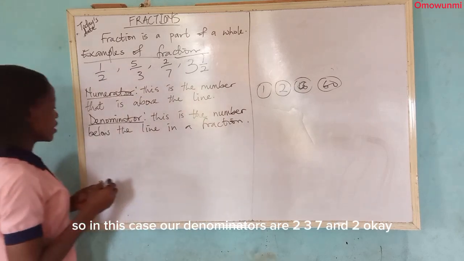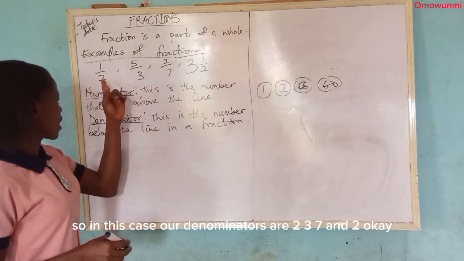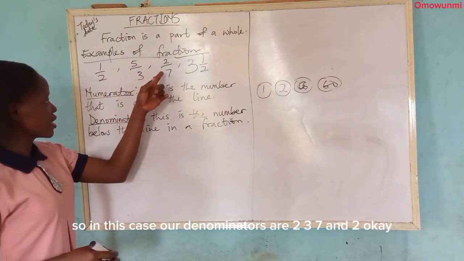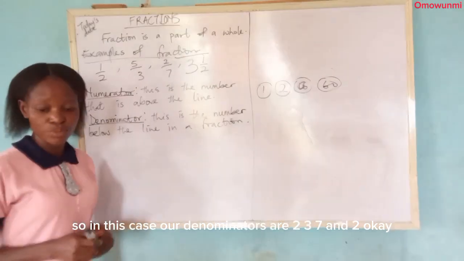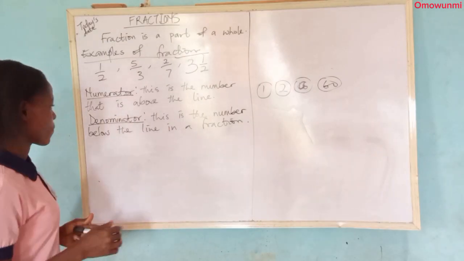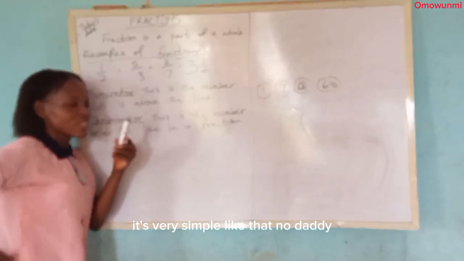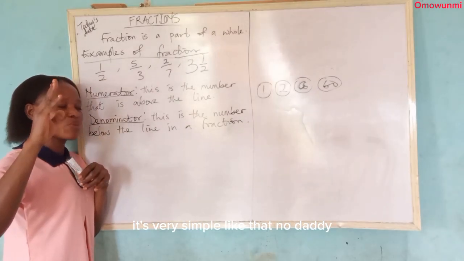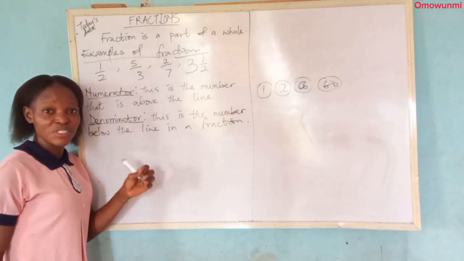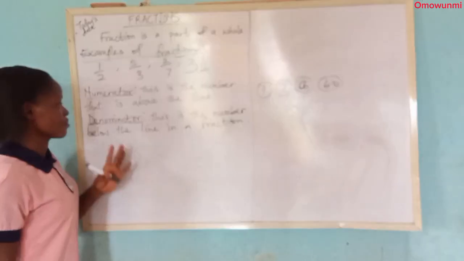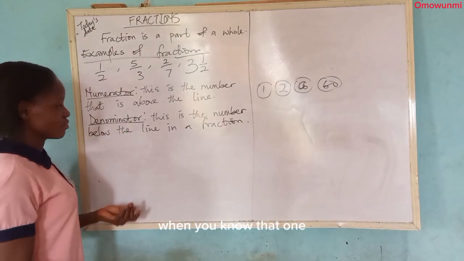In this case, our denominators are 2, 3, 7, and 2. It's very simple like that. Know that the numbers up, we call them numerators, and the numbers down, we call them denominators. When you know that one, we are good to go.